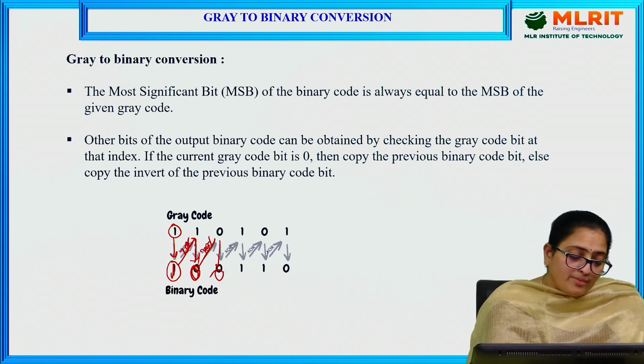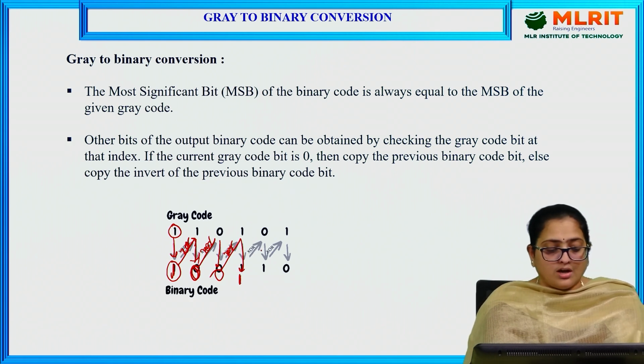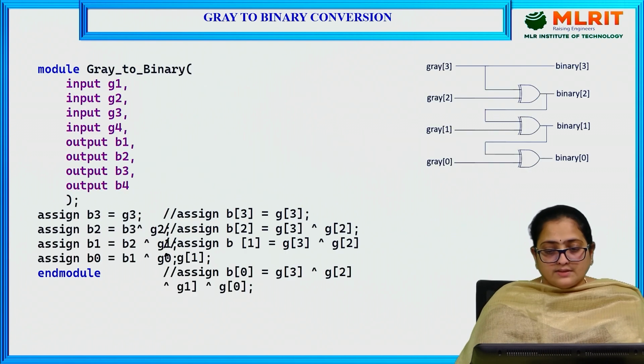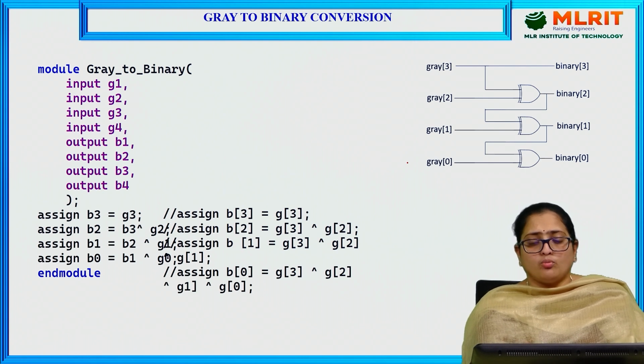And the third bit of binary code and fourth MSB bit of gray code perform an XOR operation, producing the fourth MSB bit of binary code. This goes on continuously.